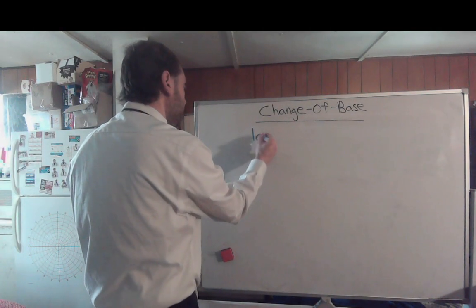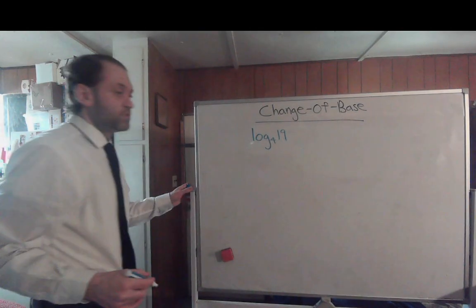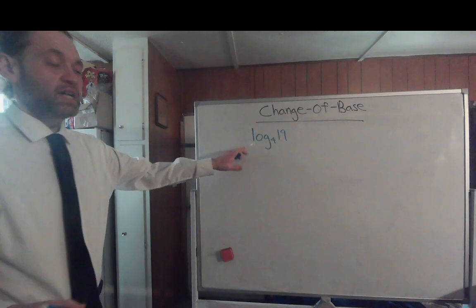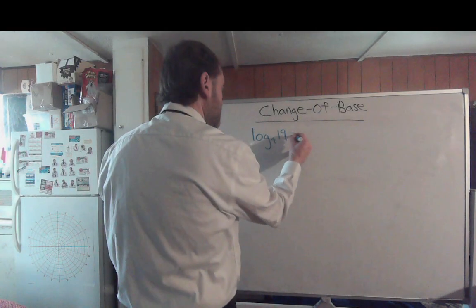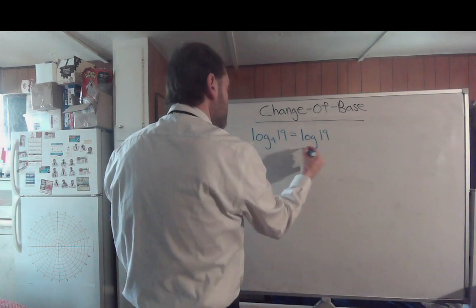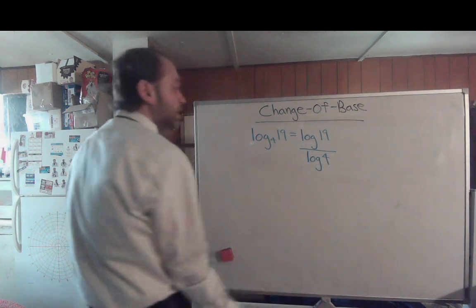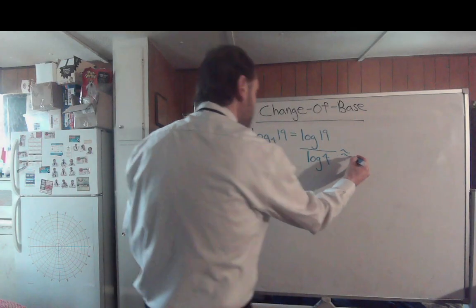All right, we have log base 4 of 19. So this could equal log of 19 divided by log of 4. And let's get ourselves a decimal approximation now.